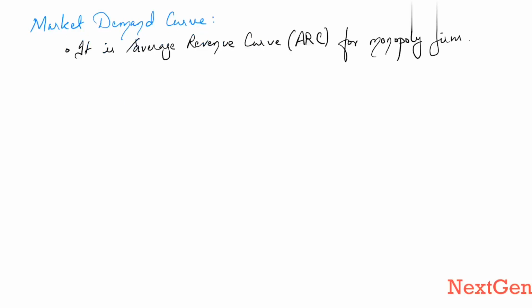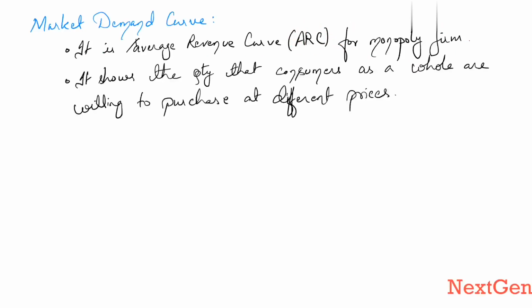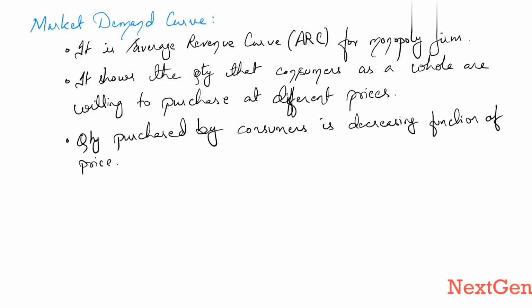Now let's understand the market demand curve. It is the average revenue curve, in short ARC, for a monopoly firm. It shows the quantity that consumers as a whole are willing to purchase at different prices. It shows the quantity purchased by consumers is a decreasing function of price.